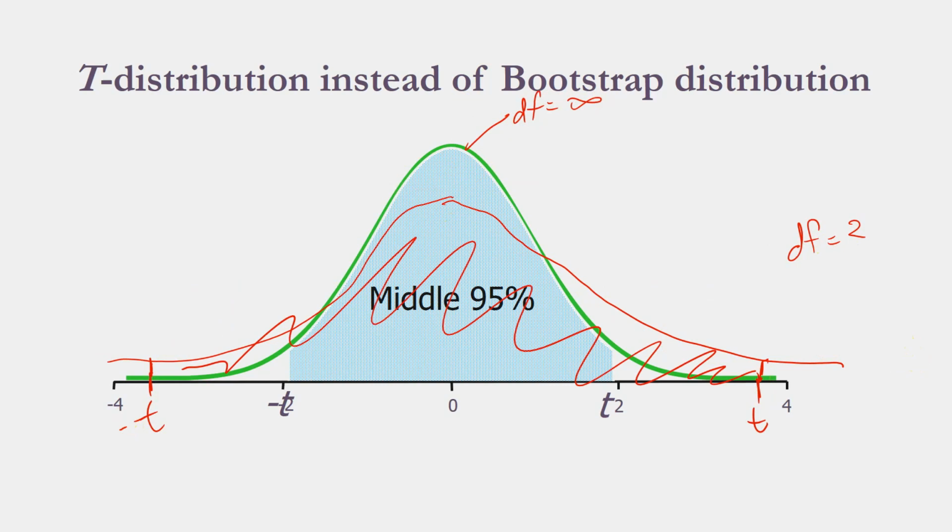So the t multiplier for degrees of freedom 2 is bigger. And remember, degrees of freedom comes from our sample size. So we needed an interval that got wider when we had smaller sample sizes, which it did because standard error got bigger, but we actually needed it wider than that because we wanted to keep the success rate up. So that's what is happening here.